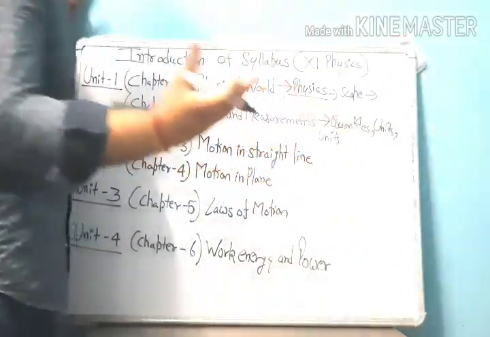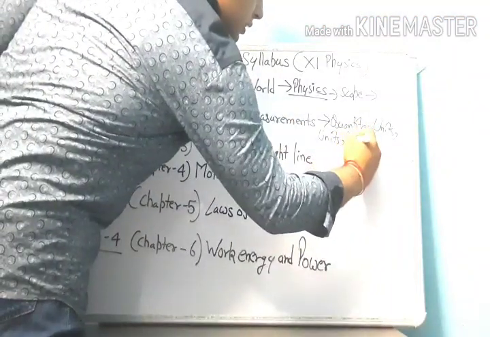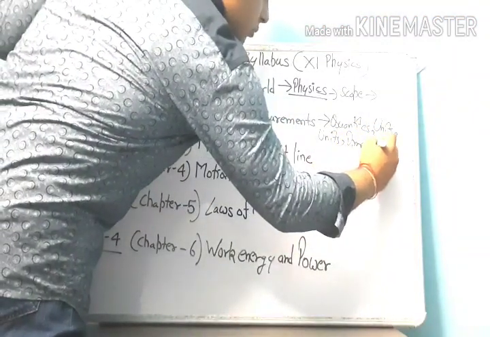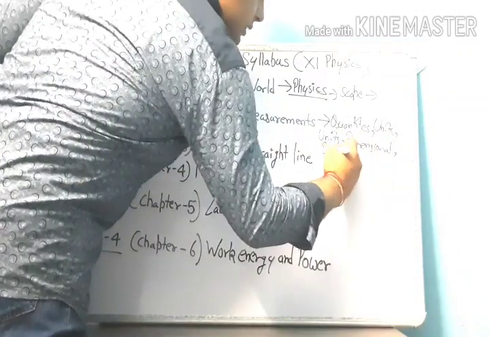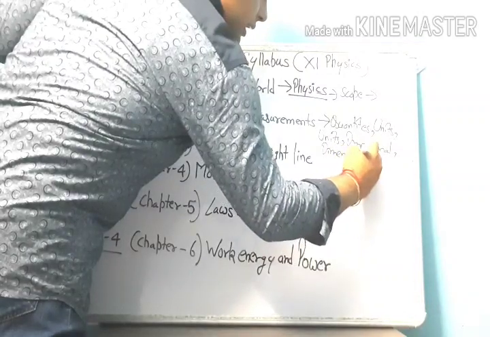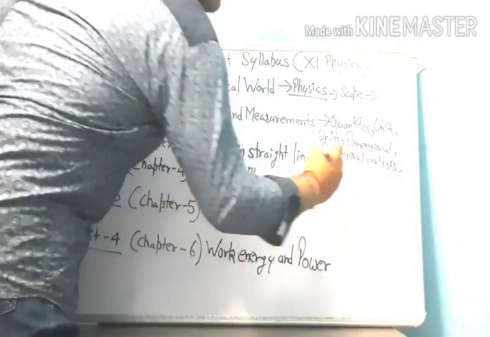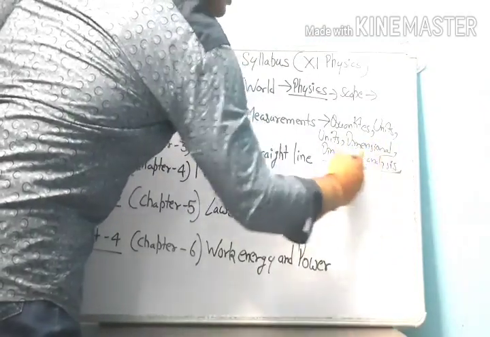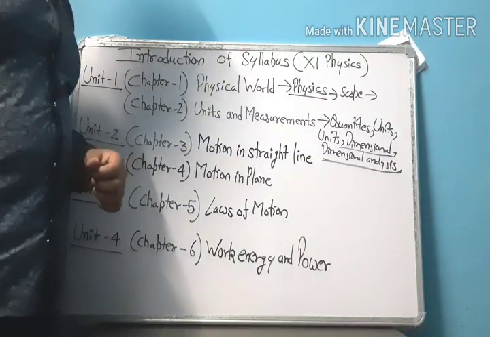How can we measure something with the help of units? Next, we have to study dimensional formula, the most important thing of this chapter. And the next thing is dimensional analysis. This is also the most important thing of this chapter. Dimensional formula and dimensional analysis are the major part of this chapter, units and measurement.